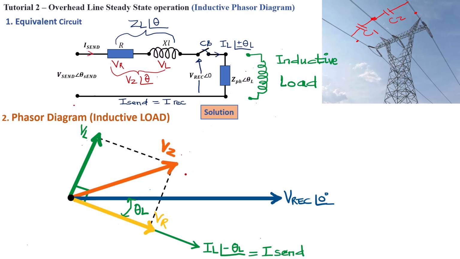That will be the voltage drop across the transmission line, and the angle theta Z can then be referenced from the V receiving phasor. Great. Now to complete our phasor diagram for inductive load here, we only need to draw the sending end voltage, V sending.